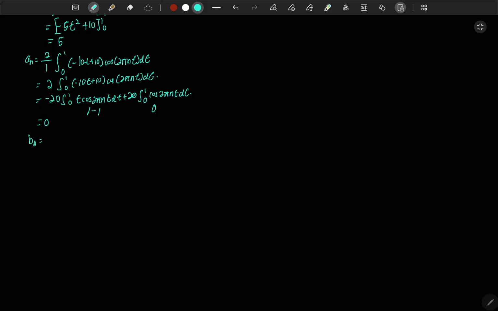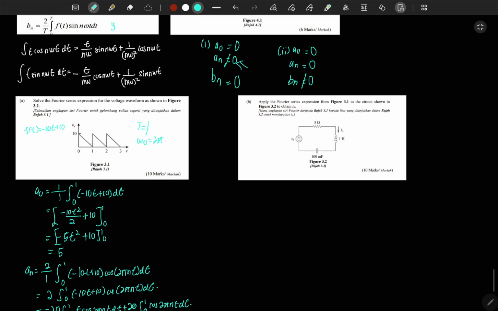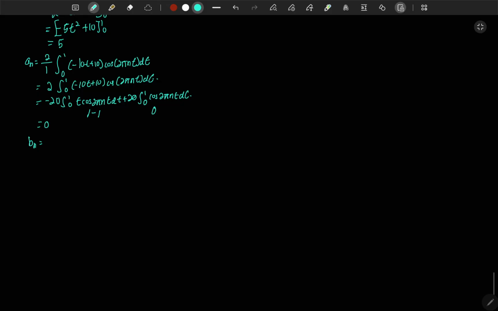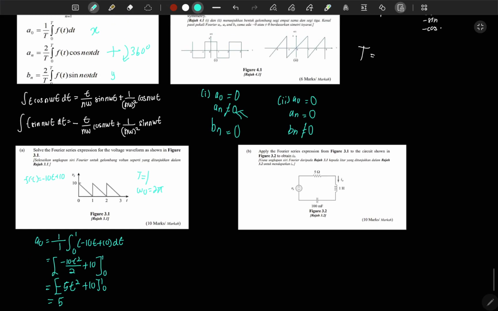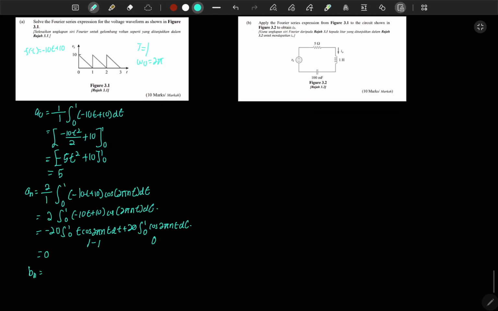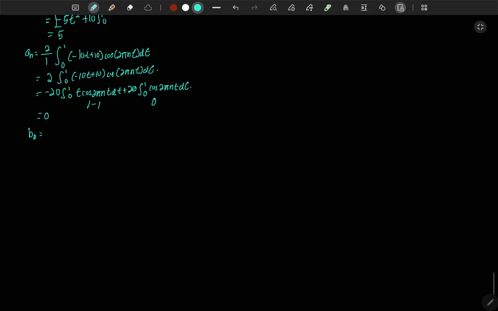Now in this case we couldn't have identified that an is 0 because we didn't have the graph function here, so we can't assume that if we rotate it 360 it would be 0. Now bn. We write the formula for bn here, but we are skipping writing the formula.